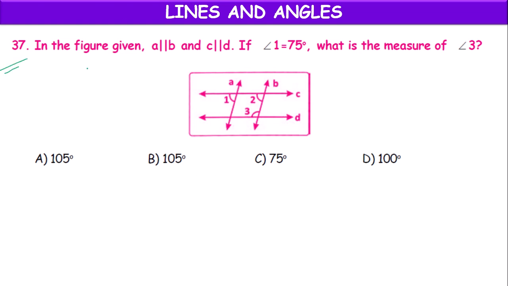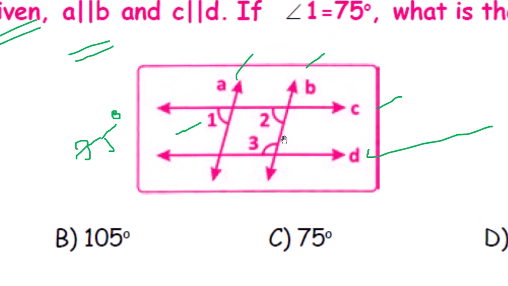Next one. In the figure given, A is parallel to B, C is parallel to D, angle 1 is 75 degrees. What is the measure of angle 3? So AB are parallel, CD are parallel, angle 1 value 75.